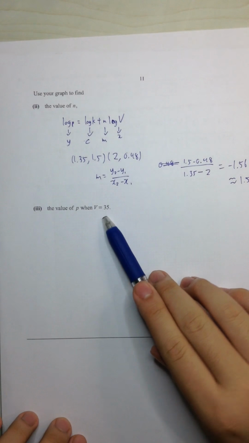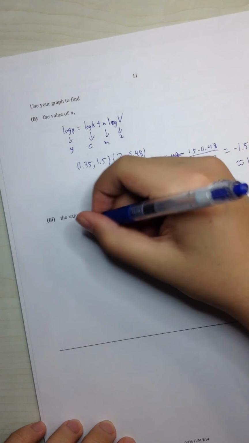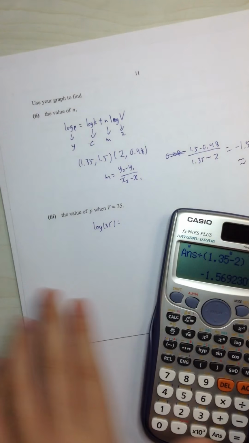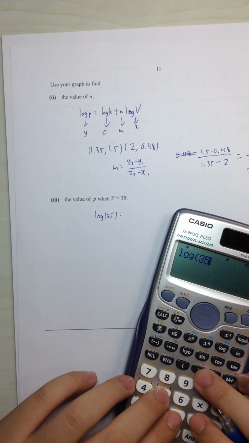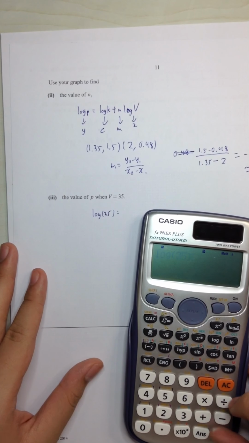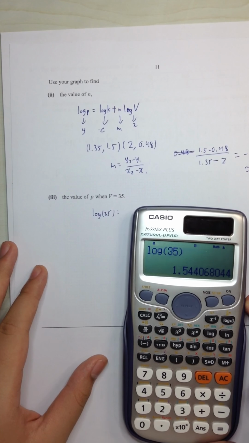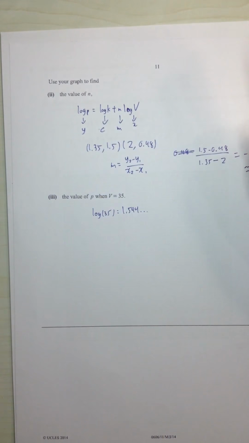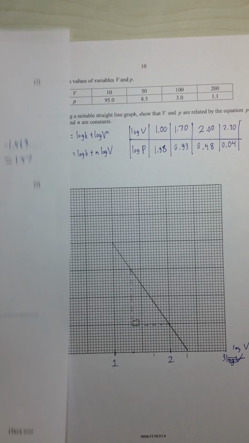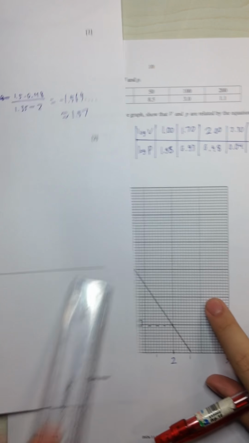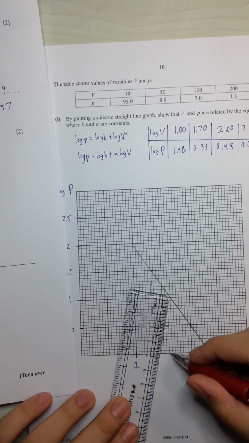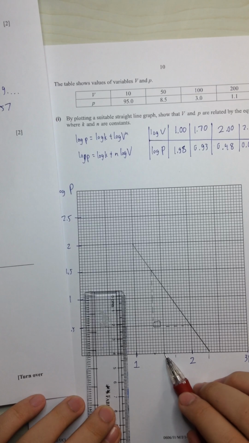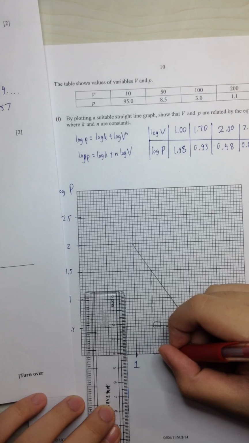Part 3. The value of p when v equals 35. So we can insert v, so log 35 is equal to 1.544. Then we can go back to the graph and find 1.544. Somewhere here.